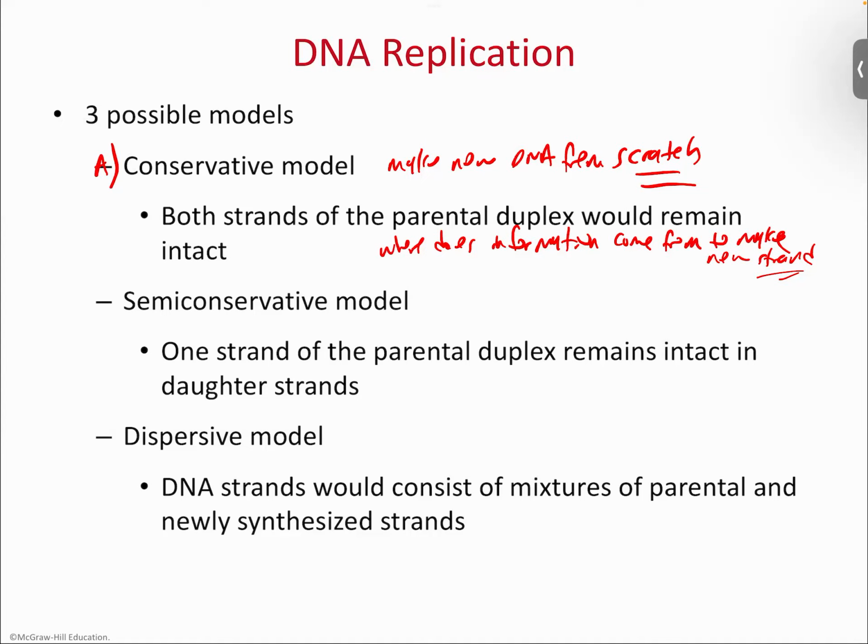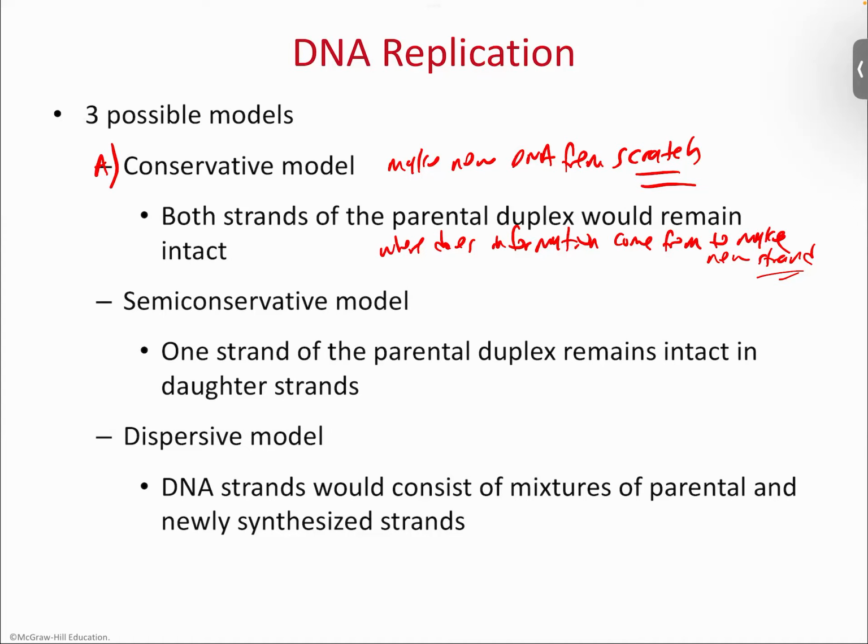Presumably you don't have that, because the original strands stay together, so they're not available. So to build another one, you would have to recapitulate evolution that took an awful long time the first time, and will take an awful long time the second time, and the third time.